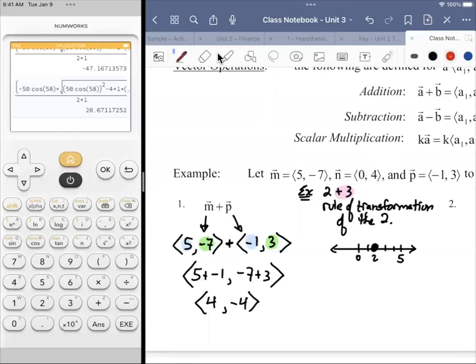The rule is that I'm transforming the 2 and moving it to the 5. And that's a horizontal translation, or it's just a translation of 3 units. So in this context, for vector M plus P, P is the rule of transformation for M.